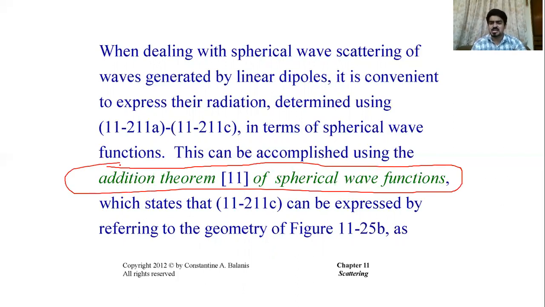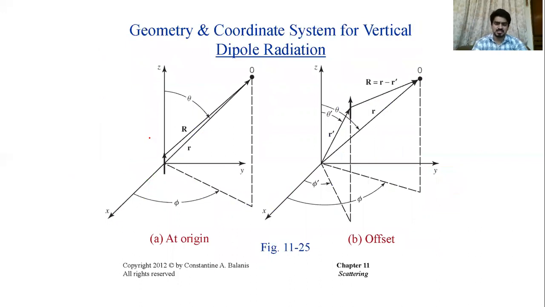Previously we used the addition theorem of Hankel functions. Here we are using the addition theorem of the spherical wave function. We are not going to go through the derivation, but it is similar to what we derived for the cylindrical waves.